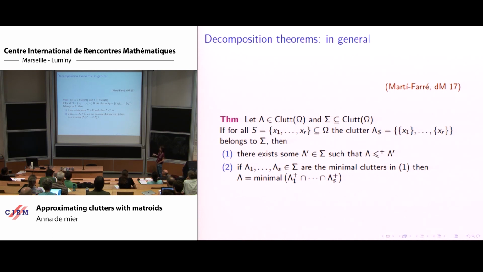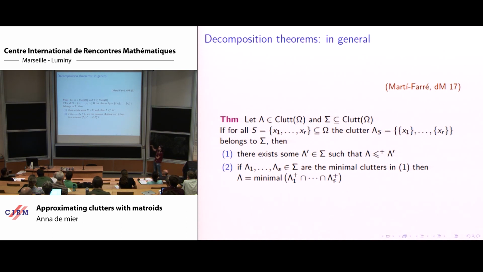It says, for any set of elements, I consider the clutter which is just made of singletons. And if my family sigma contains all of these, then indeed there are elements of sigma just above lambda.